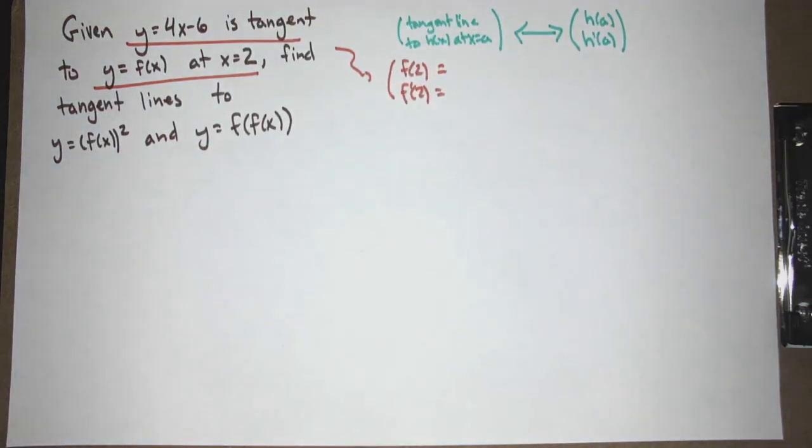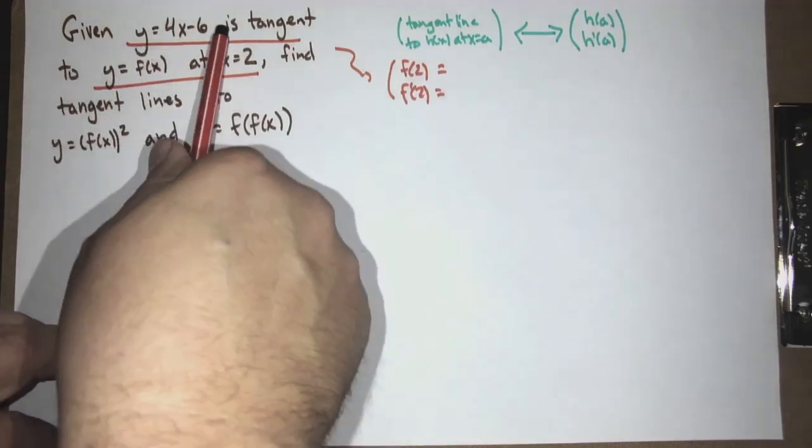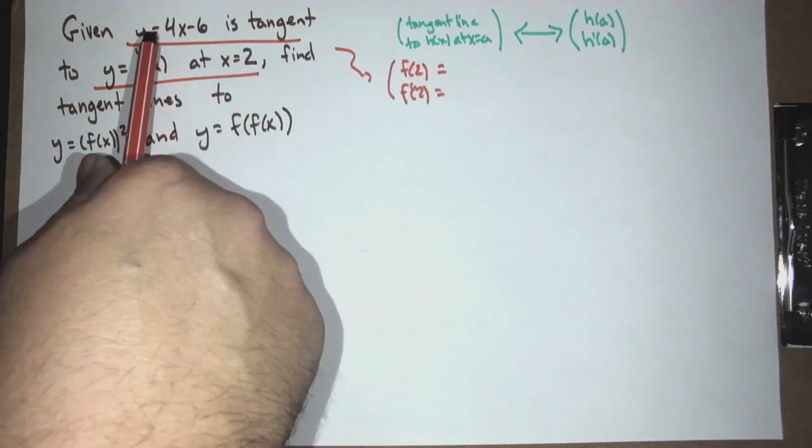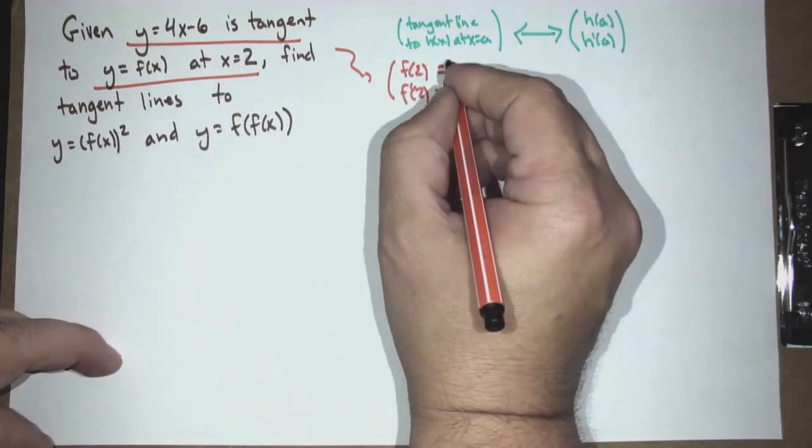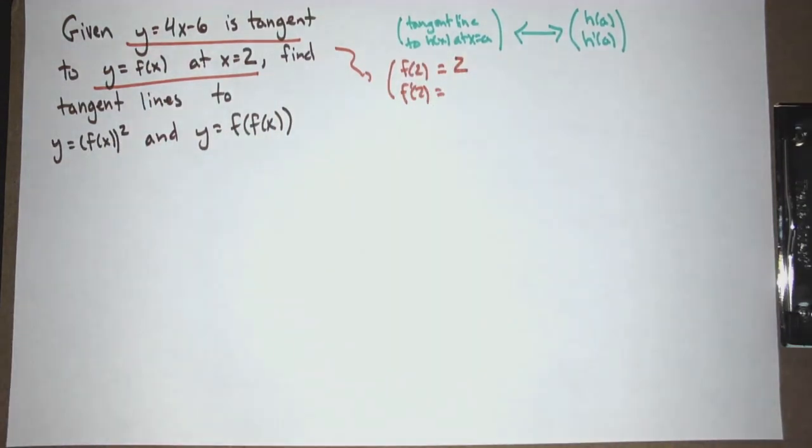So what is f of 2? And how do we know that? f of 2 is 2, correct. How do we know that? You plug 2 into the line. So 2 times 4 minus 6, 8 minus 6 is 2. What is f prime of 2? 4.